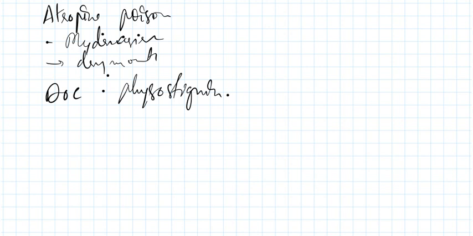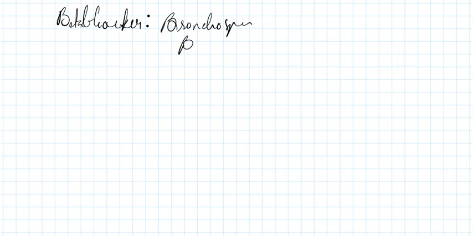Now if you come to beta blockers, what are the complications or side effects? Bronchospasm. Very important side effect. Bronchospasm, bradycardia, conduction block, insomnia, nightmares, depression.